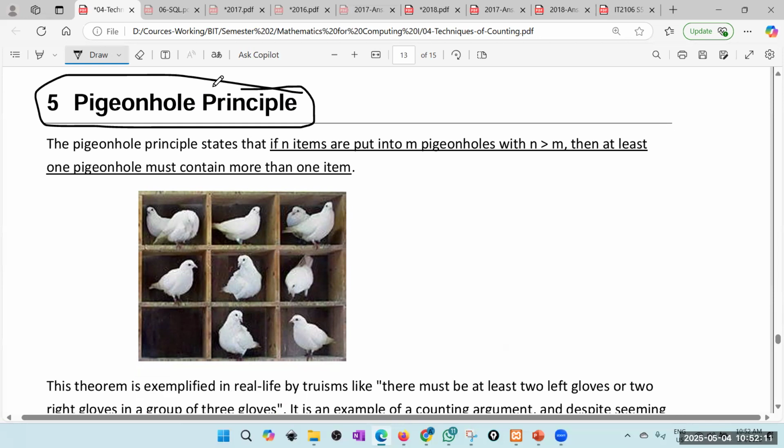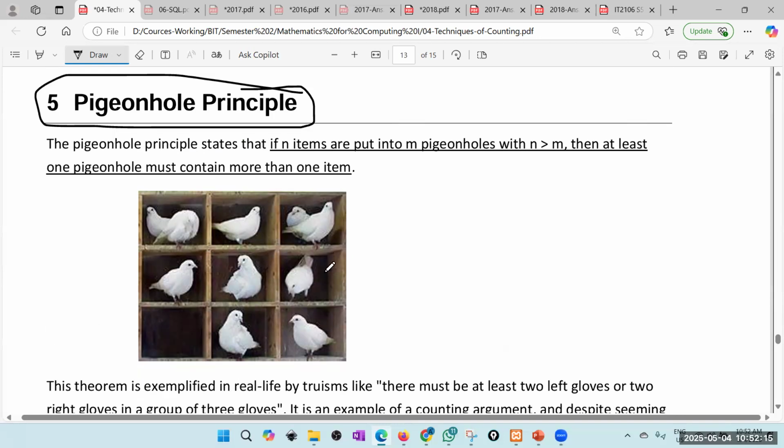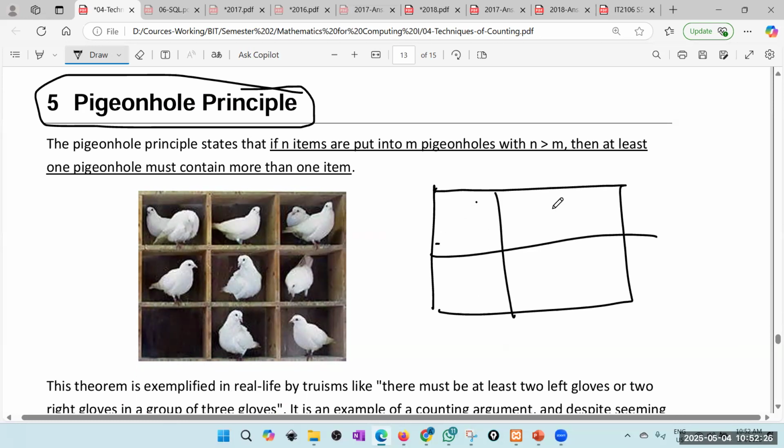So the pigeonhole principle says, if you have n pigeonholes, say let's say we have 6 pigeonholes. Pigeonholes are the nests where pigeons are kept.